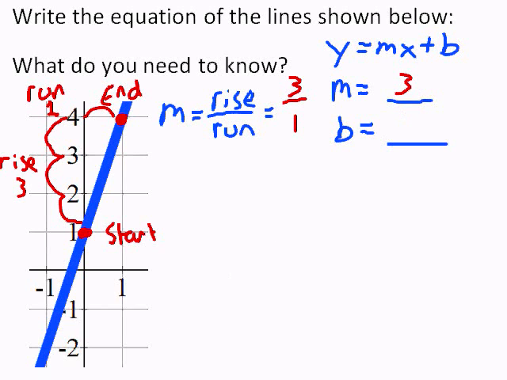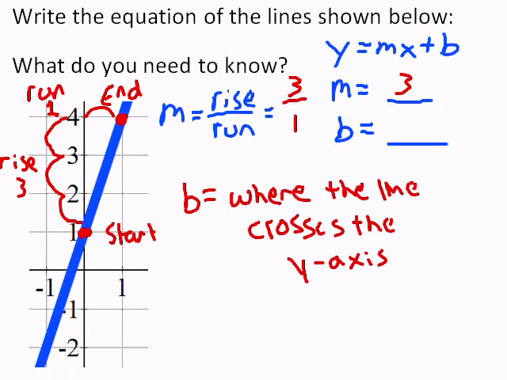The b value. Now our b value is the y value of the y-intercept. Put more easily, b on a graph is where the line crosses the y-axis. What value does the line cross the y-axis at?